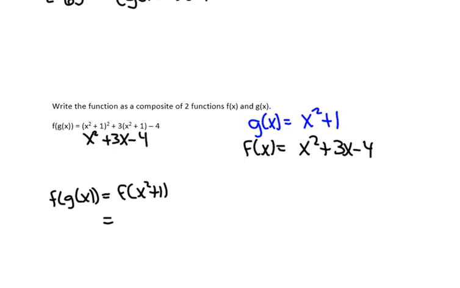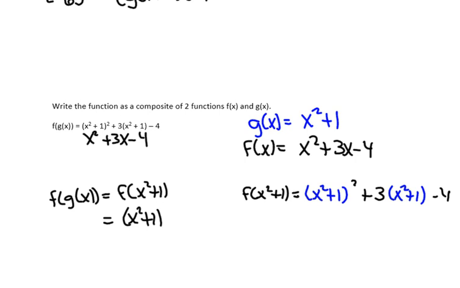So now for my f of x squared plus 1, I'll do that on the side. And it looks exactly the same as the original. So I can rewrite, hence we've come up with two separate functions so that when I compose them, I get exactly what I started with.